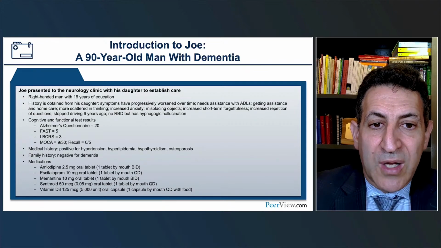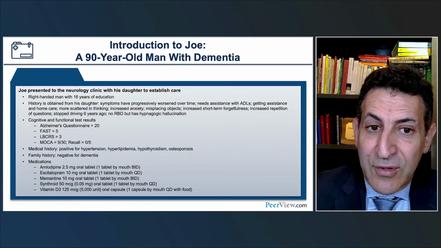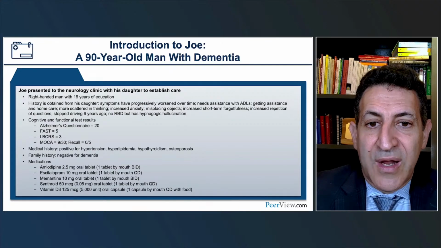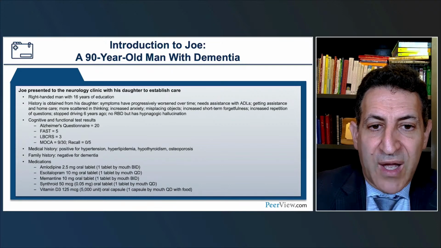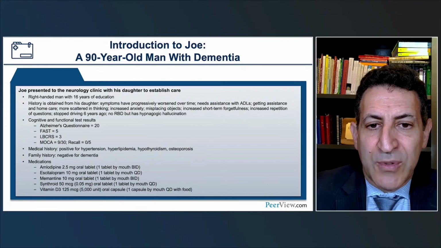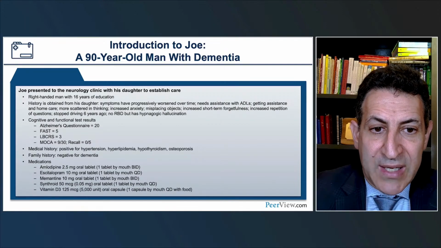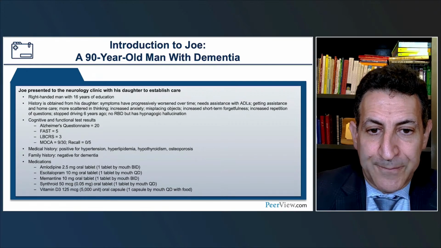His Montreal cognitive assessment is 9 out of 30, which is in the moderate, trending a little bit towards severe, and his free recall is 0 out of 5. Medical history for hypertension, hyperlipidemia, hypothyroidism, osteoporosis, negative for dementia, and here's his med list coming into our clinic.